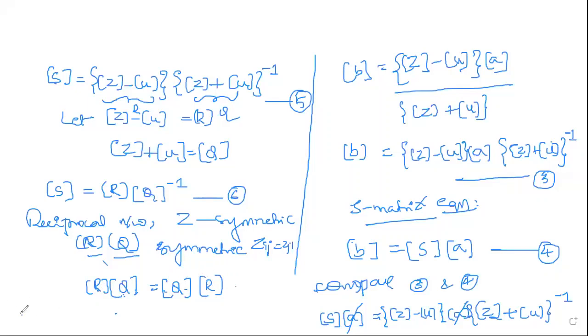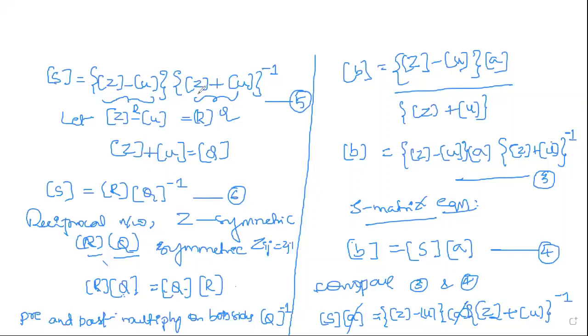Now for this, what you're doing is pre and post multiplying on both sides by Q inverse. So you get this equation, compare this, you get the S matrix.